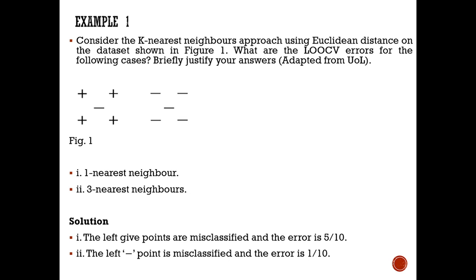That is, the negative is close to an immediate plus, and a plus is close immediately to a negative. So 1 out of the whole 5 is misclassified, because you're talking about one nearest neighbor.